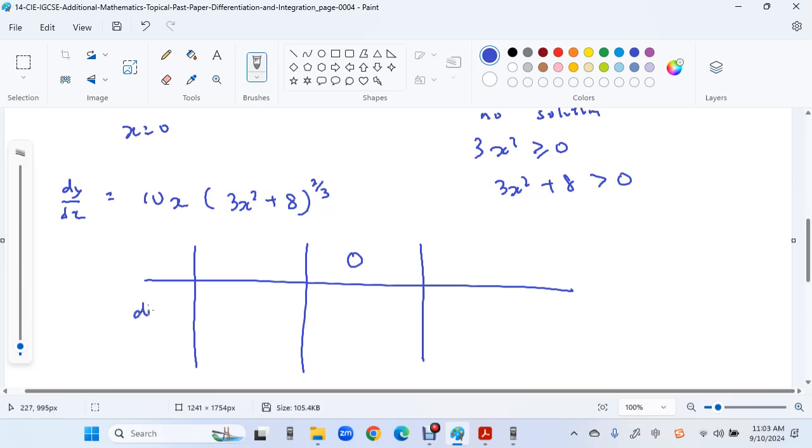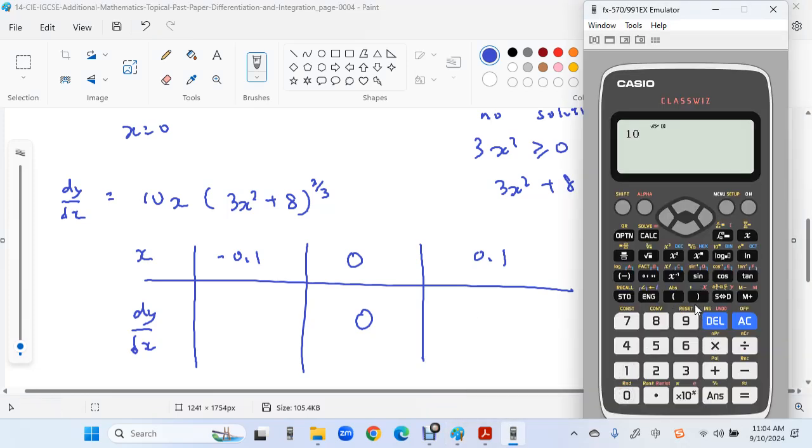dy/dx when x equals 0, this is 0. And we take negative 0.1 and 0.1, and substitute into the dy/dx. So we have 10 times negative 0.1 multiplied by (3 times negative 0.1 squared plus 8) to the power of 2 over 3.